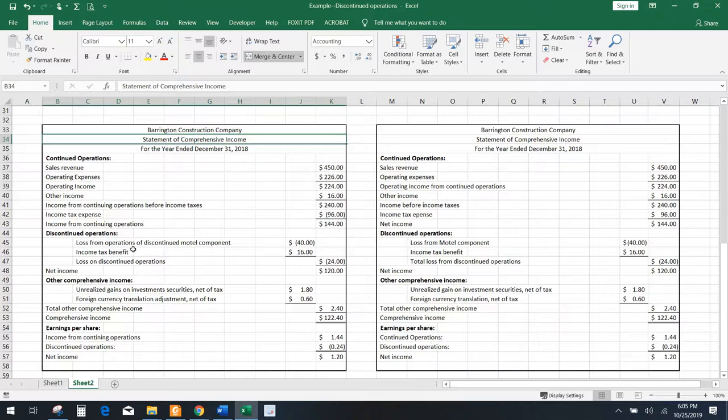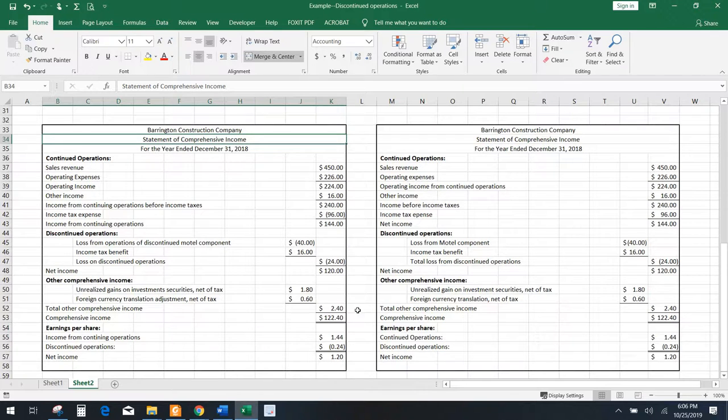Discontinued operations, loss from operations of discontinued motel component, loss from motel component 40 there. Income tax benefit, that's correct. And then it says loss on discontinued operations, total loss from discontinued operations, more or less the same. The values are correct. And then other comprehensive income, unrealized gain on investment securities net of tax 180. Same thing, foreign currency adjustment net of tax 60. That's correct.